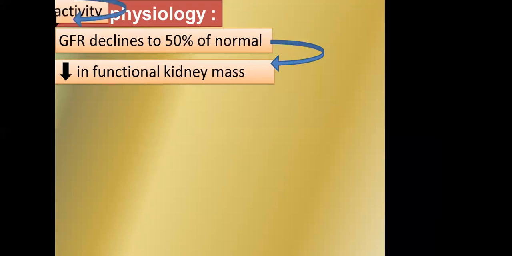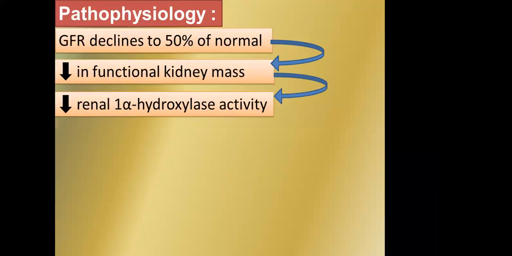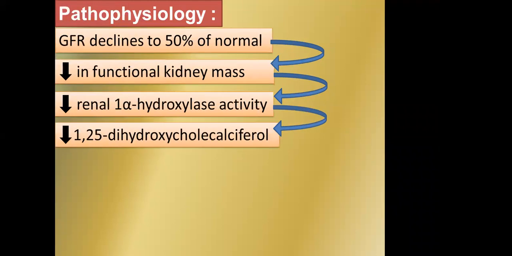This decreased functional kidney mass will lead to a decrease in renal 1-alpha hydroxylase activity, which is very important for the production of activated vitamin D, or 1,25-dihydroxycholecalciferol. As you know, renal 1-alpha hydroxylase is a very important product of the kidney.